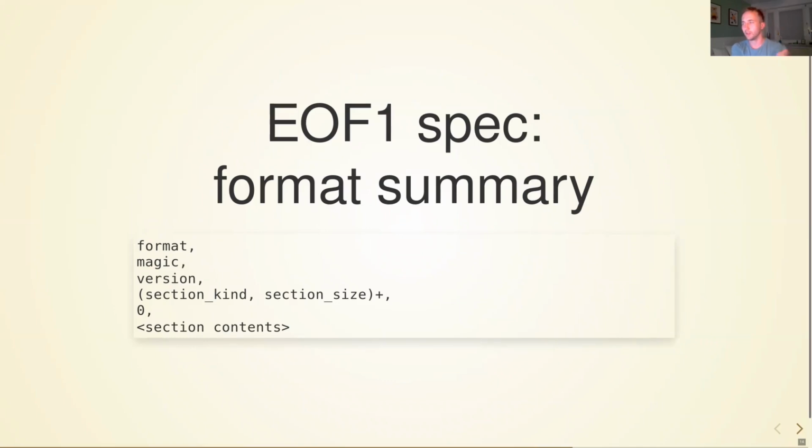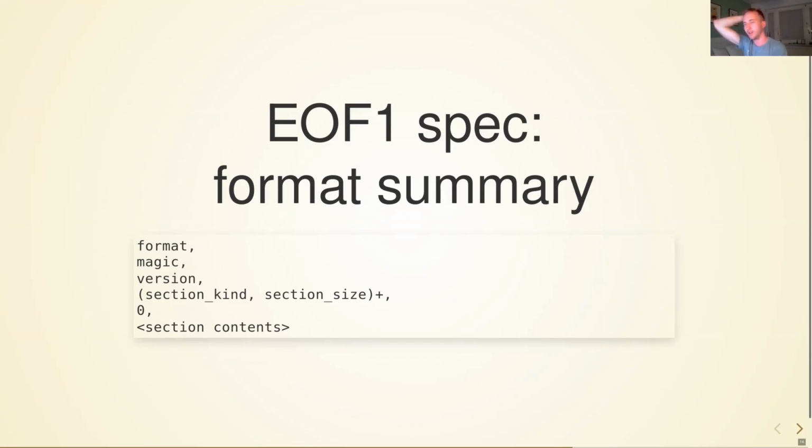So this is a summary of the format. In full view, it starts with the special EF format byte, then some magic bytes and a version byte, which three of these build the EOF prefix.